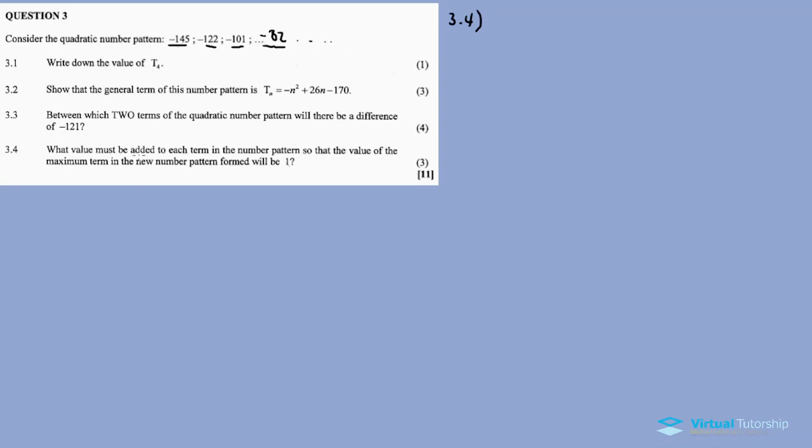What value must be added to each term? There's a value that must be added to the number pattern so that, this is the most important statement, the value of the maximum term in the new number pattern formed will be 1.